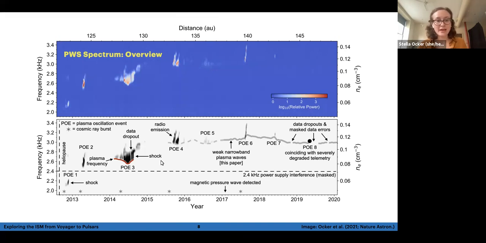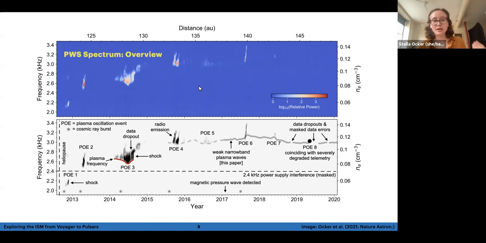And then in this bottom panel, we have a schematic that's pointing out many of the various relevant features that appear in this spectrum. But the main one that I want to point you to, which is the most obvious, are these bright bursts of power in the spectrum, which are called plasma oscillation events.